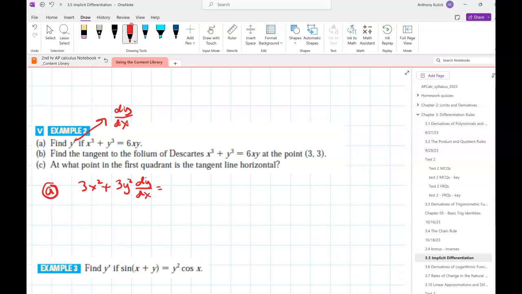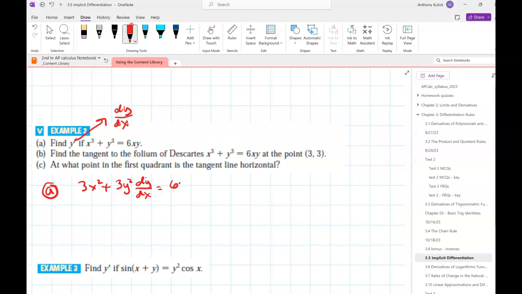How do I do the derivative of 6xy? 6y. Yes! That's a product rule. X times y. Those are both variables. They're separate functions. That requires a product rule.